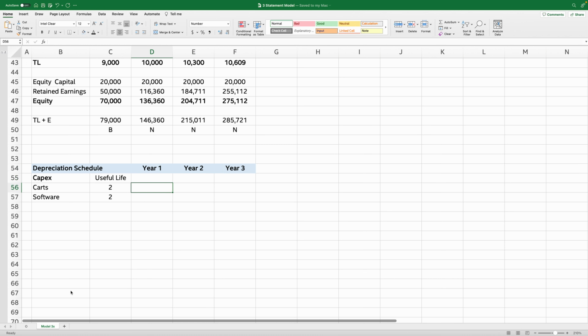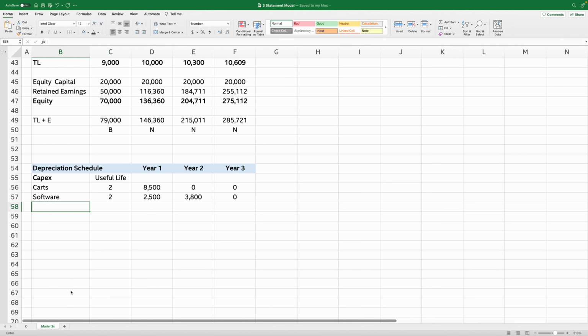All right. And so let's say for carts, we spend about 8,500, and then 0 for the rest of the 2 years. And then for software, let's say we spent 2,500 and then we spent 3,800 and then we spent 0.